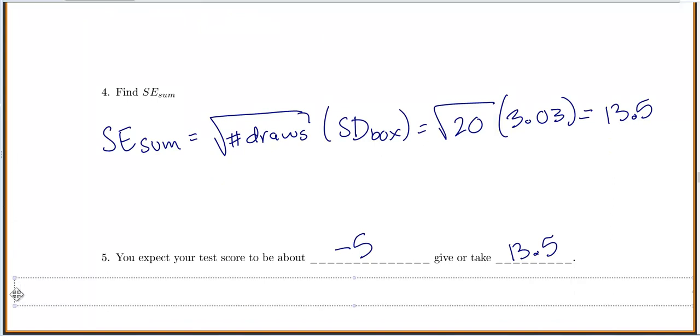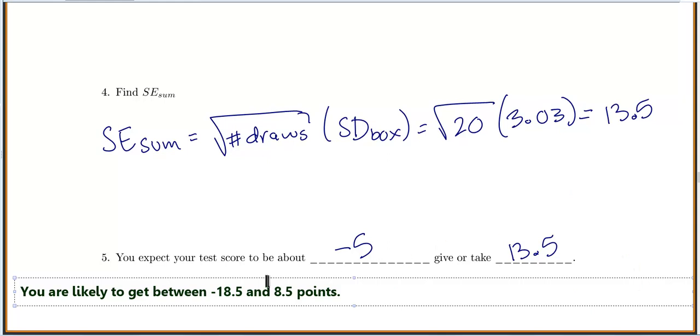So this means if you just guess, you are likely to get between, so if we do negative 5 minus 13.5, it would be negative 18.5, and if we do negative 5 plus 13.5, we get 8.5 points. So if you just blindly guess, you're likely to get a score somewhere between negative 18.5 and 8.5 points.